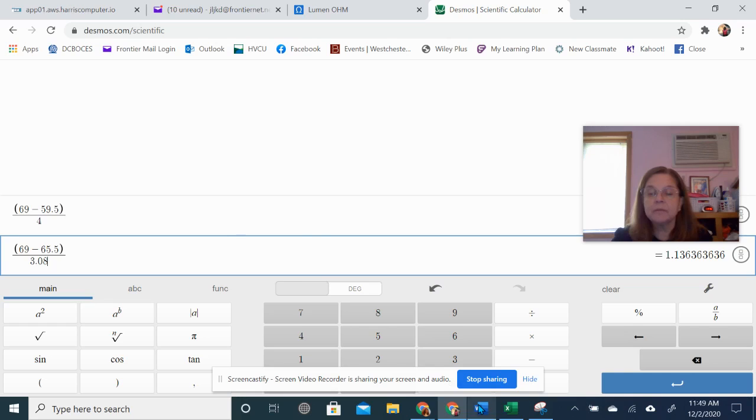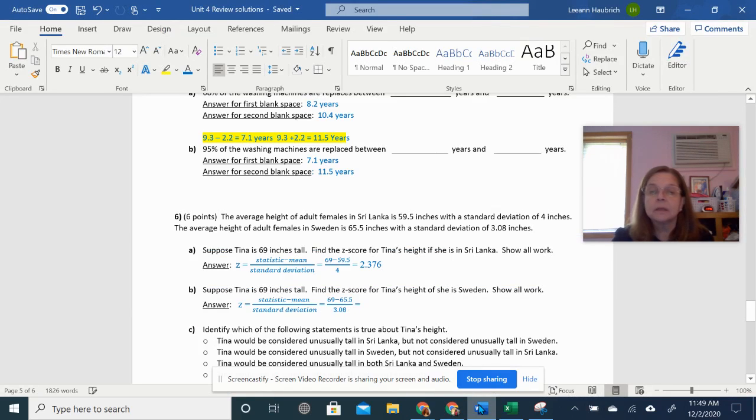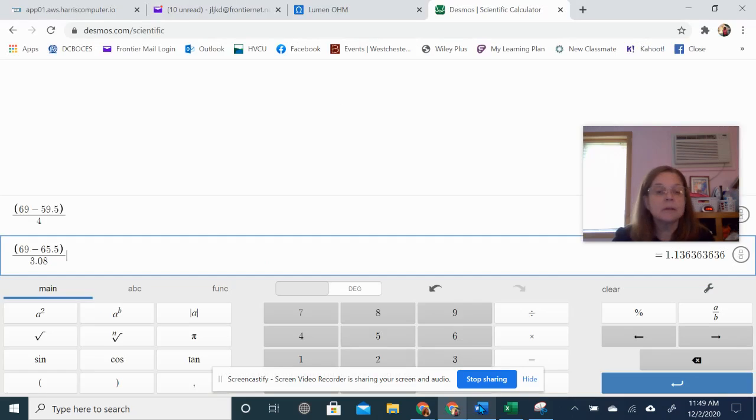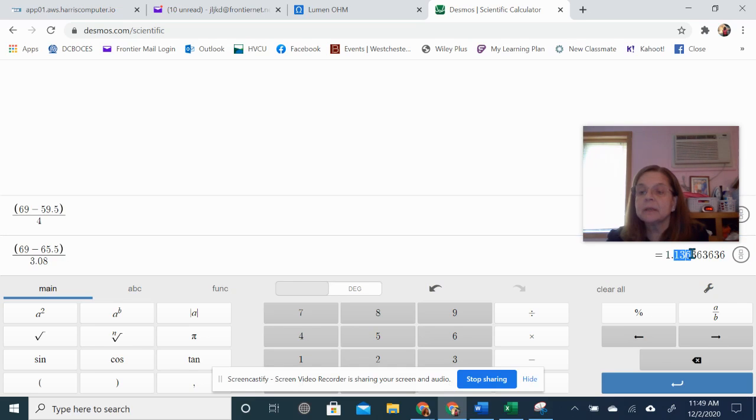Let me just make sure I have those values right. 3.08, 65.5. Okay, so 1.136. Normally, unless they tell you differently, it's common to go 2 places or 3 places. So I could do 1.14, or 1.136.